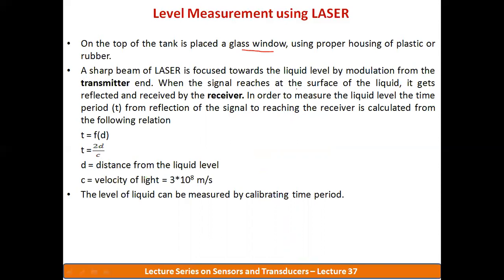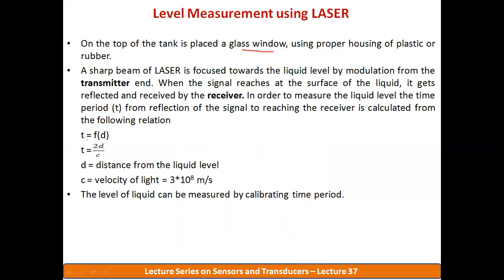When the signal reaches the surface of the liquid, it gets reflected and received by the receiver, correct? In order to measure the liquid level, the time period T from reflection of the signal to reaching the receiver is calculated from the following relation.